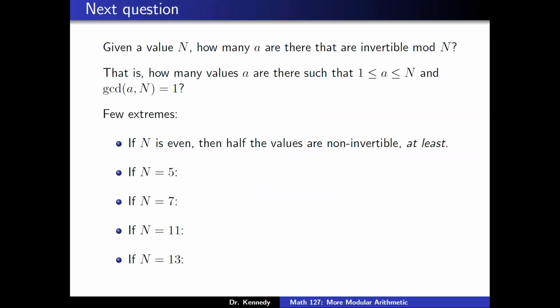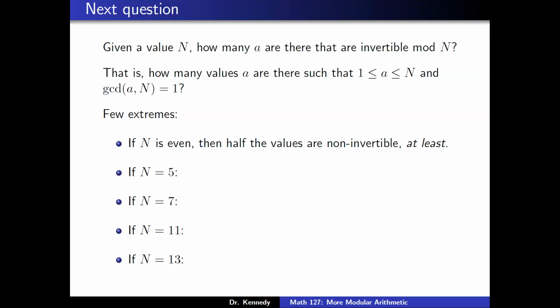Namely, if I have some large value n, I know how to figure out whether something is invertible. I know how to find out its inverse, but are there a large number of invertible elements? If there aren't very many invertible elements, mod n isn't going to be a good value. So we need to know, given a number n, how many values between 1 and n are relatively prime.